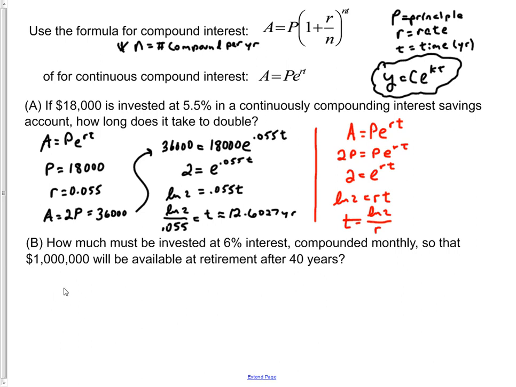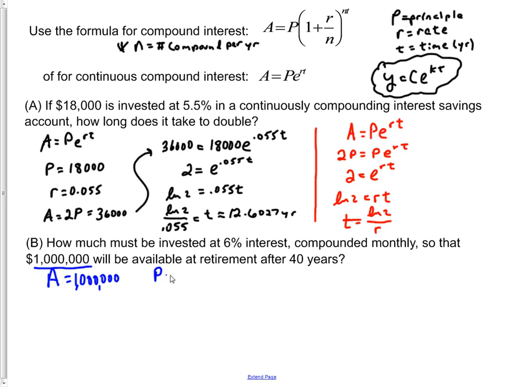If we're interested in 6%, well, okay, we're going to use our first model up there. And we're told that this time we want to end up with $1 million. So A is equal to 1 million. So we're asked, how much must be invested?